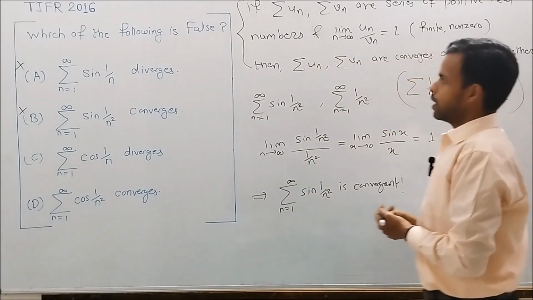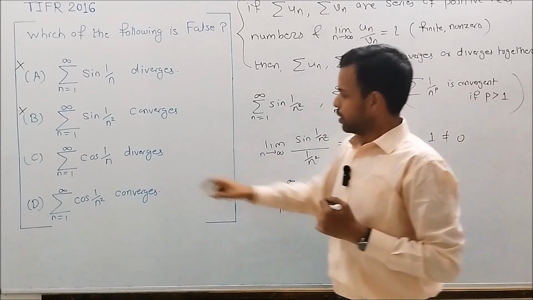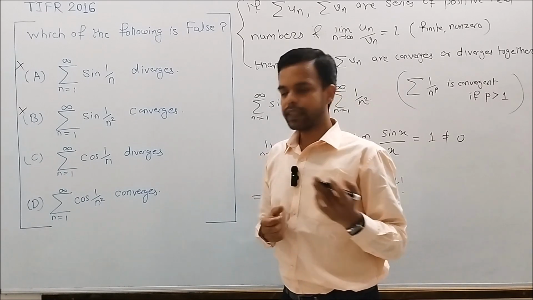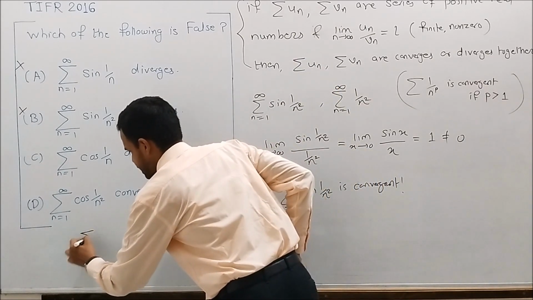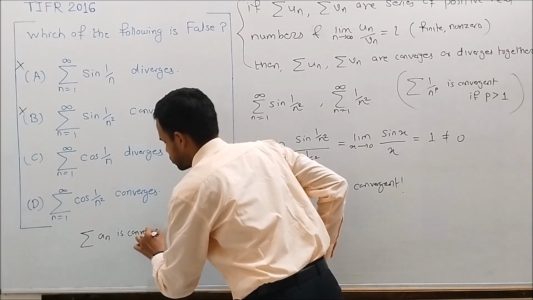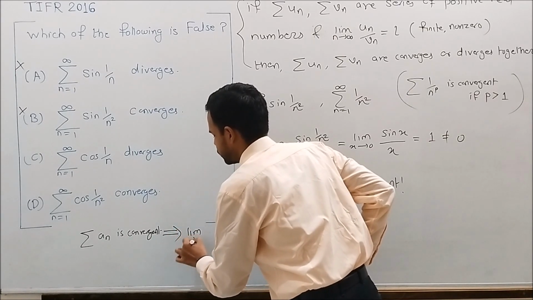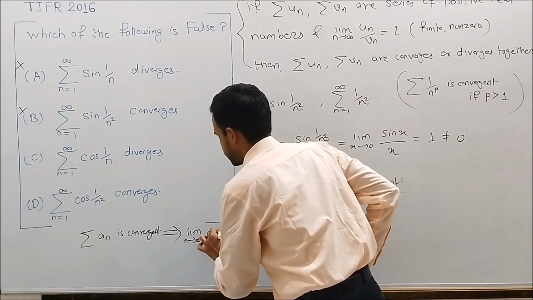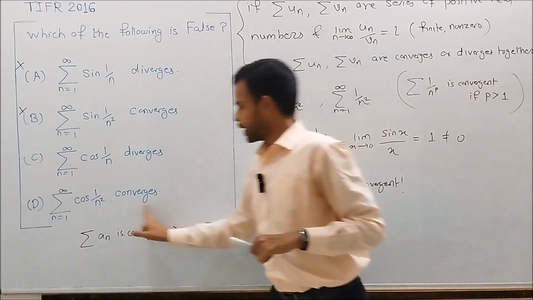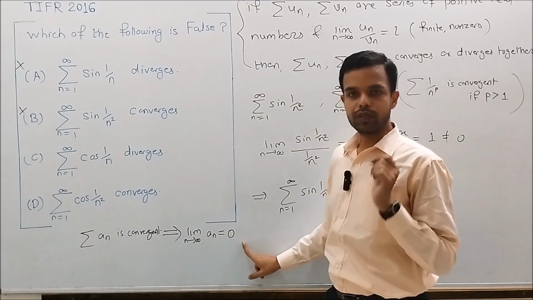Now let's verify option C. We will use the necessary condition for the convergence of a series. What is the necessary condition? If the series an is convergent, then we must have the limit as n tends to infinity of an equal to 0.